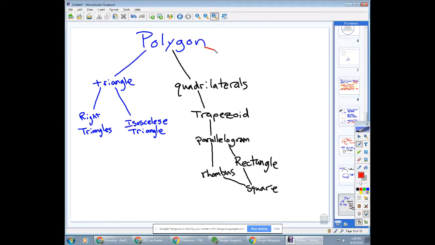Some other shapes, from quadrilateral, we have pentagons, hexagons, and then we can just keep going, adding more sides and more sides. Eventually, we just stop getting fancy names for them. Like, anybody know what a 12-sided polygon is called? It could be just called a 12-sided polygon.